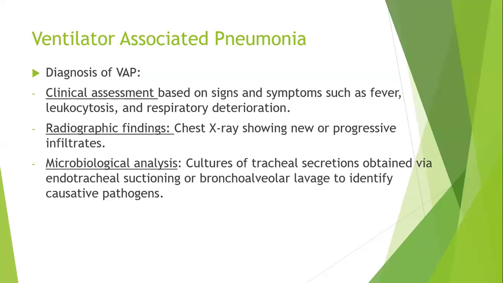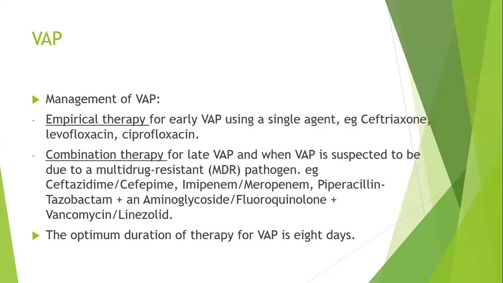You want to obtain tracheal aspirates for MCS, and then do a chest X-ray, which will show new or progressive infiltrates that were not there earlier on. Sometimes, if you are not able to get copious secretions from the endotracheal tube, you may get some lavage from bronchoalveolar lavage in order to identify the causative pathogens for this VAP.